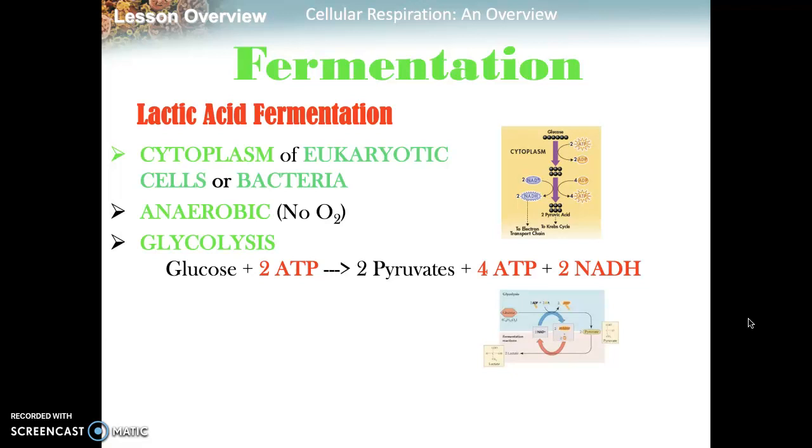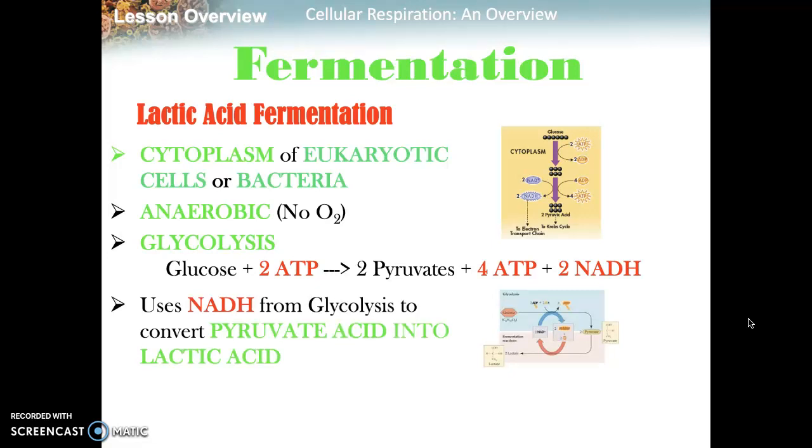This is where your energy production ends. So through fermentation, you are only gaining 2 ATP and 2 NADHs. Since we don't have an electron transport chain, we're not really gaining anything from those NADHs. So really, all we are getting from fermentation is a net gain of 2 ATP.